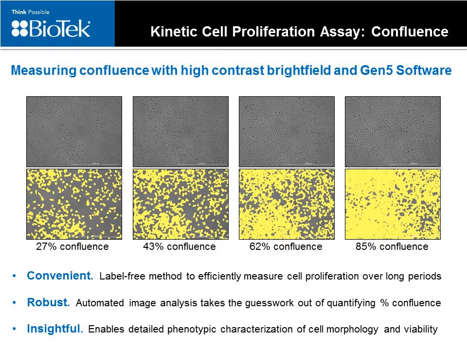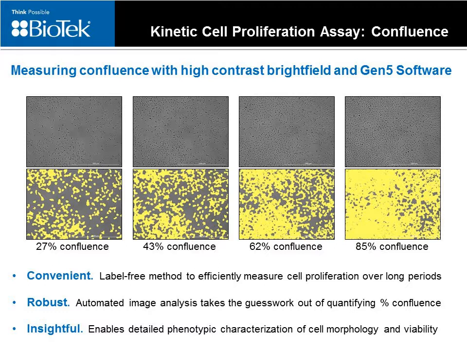And this is exactly what we get with this imaging system. So using Gen 5 image analysis software and high contrast bright field imaging, percent confluence can be determined routinely for long-term kinetic cell proliferation studies.